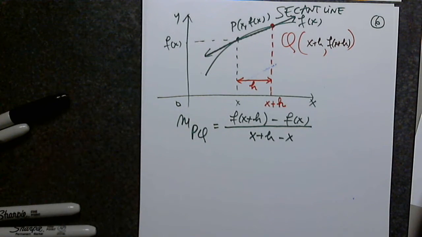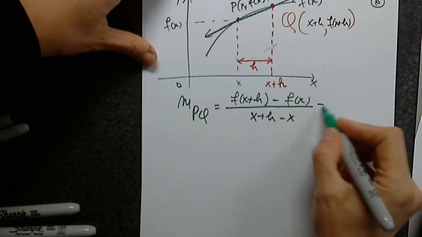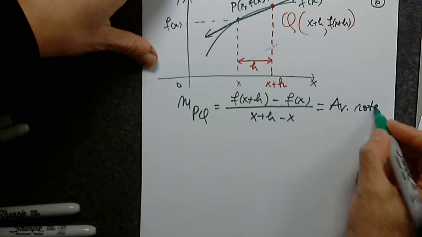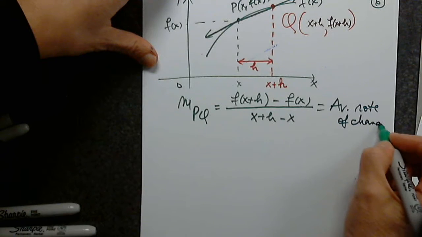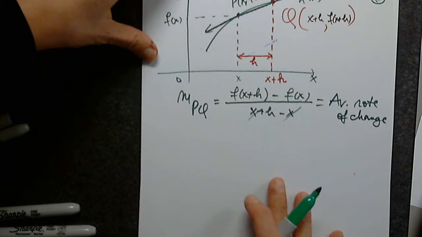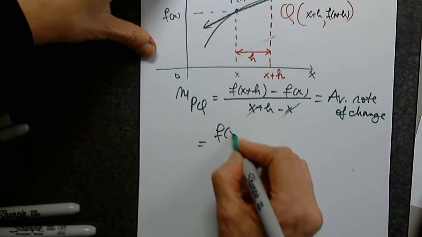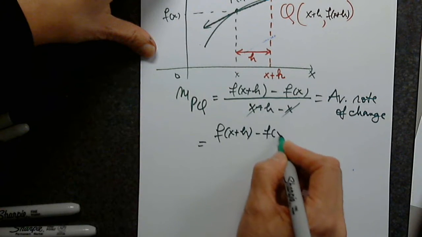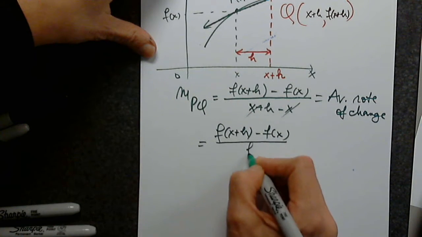So again, this is not the instantaneous velocity or the instantaneous rate of change, but it's the average rate of change between these 2 points. So we call this the average rate of change. Of course, I'm going to simplify, and I'm going to write f of x plus h minus f of x divided by h.